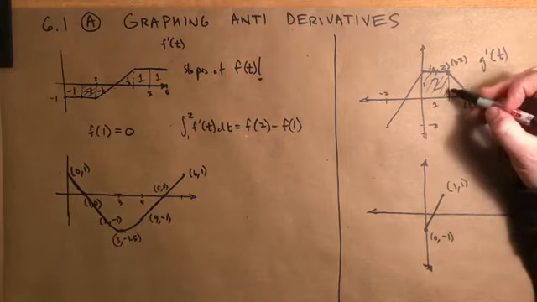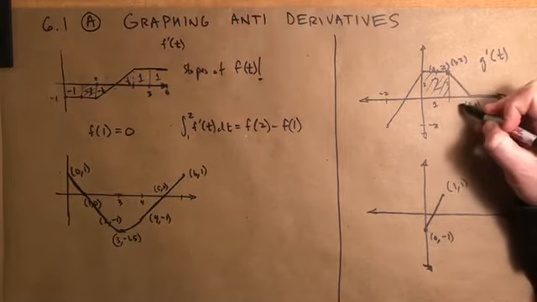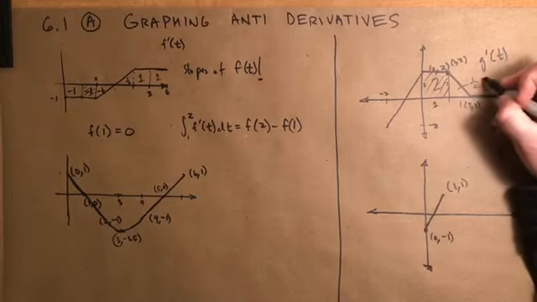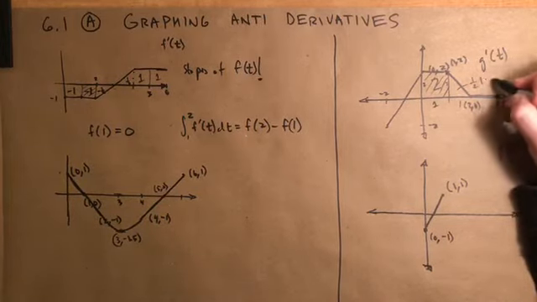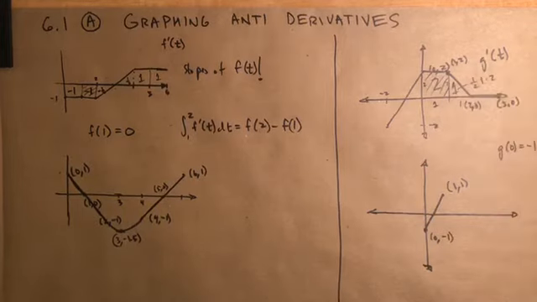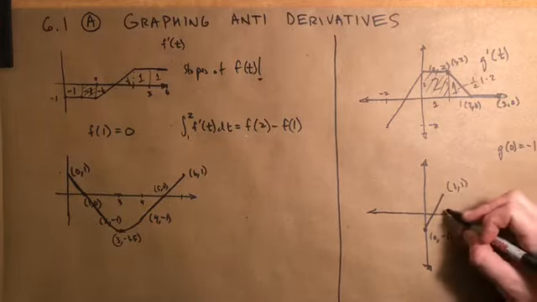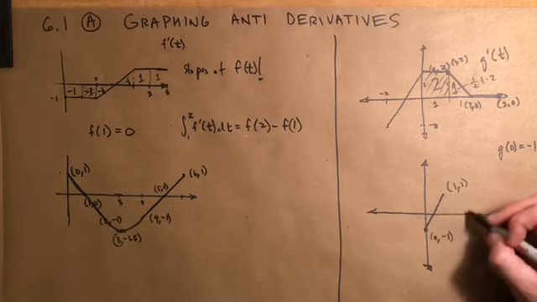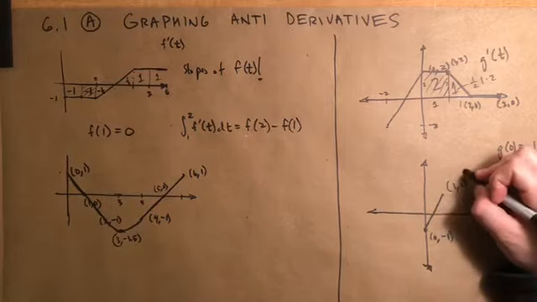Well, we could say that the height was 2, the width was 1, and the area would be 1/2 the base times the height. And so we should have an area of 1 there, shouldn't we? That tells me that my function should increase by 1 unit. So we were at 1, 1. Now we should be at 2, 2.